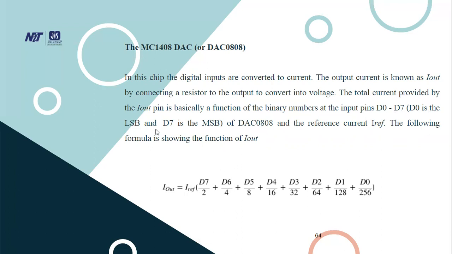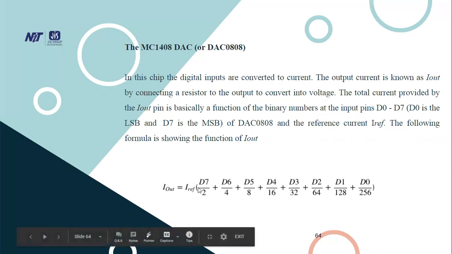D0 is the LSB and D7 is the MSB of the DAC 0808, and the reference current is I ref. The following formula shows how the output comes. I ref into D7 by 2, D6 by 4. It is a ladder network, so it is divided by 2 always, then again half, again half, again half, and D0 is divided by 256.